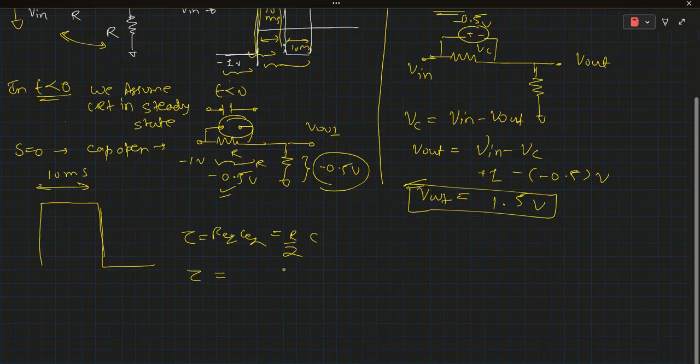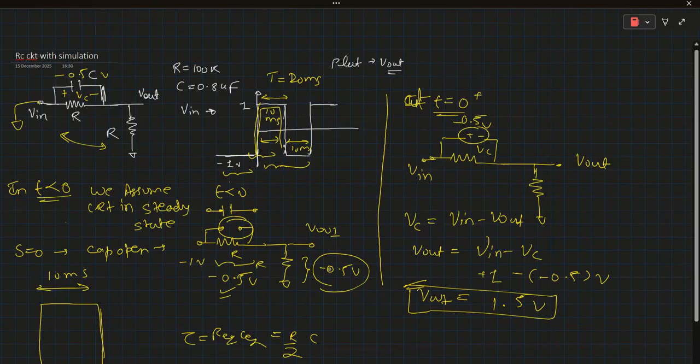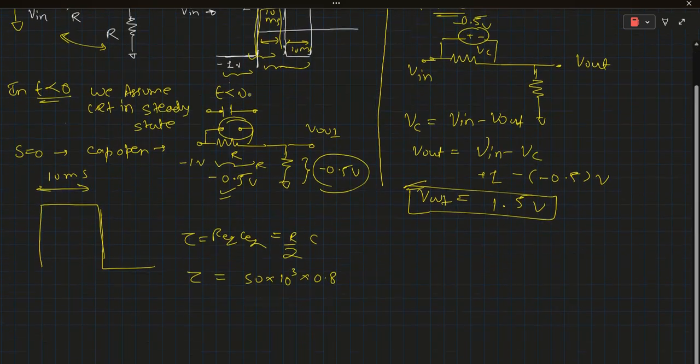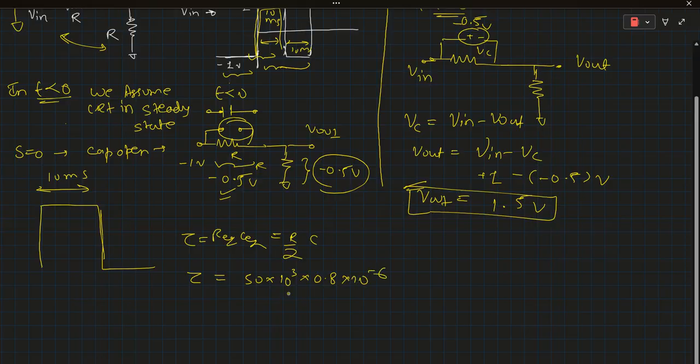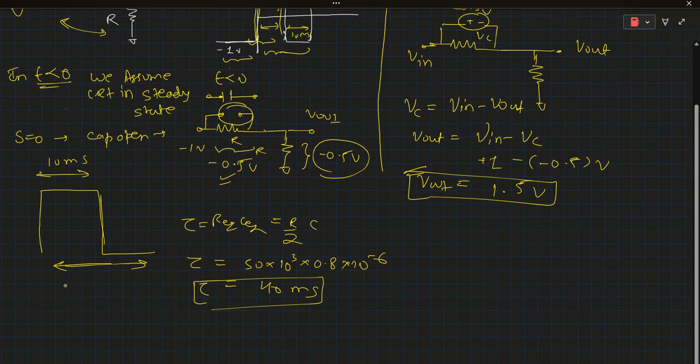If we solve, we get 50 times 10 raised to the power 3 multiplied by 0.8 microfarad, which is 10 raised to the power minus 6. We can see that tau is 40 milliseconds, which is far greater than the time period of the pulse.